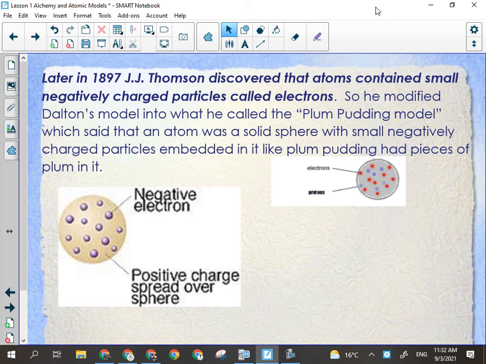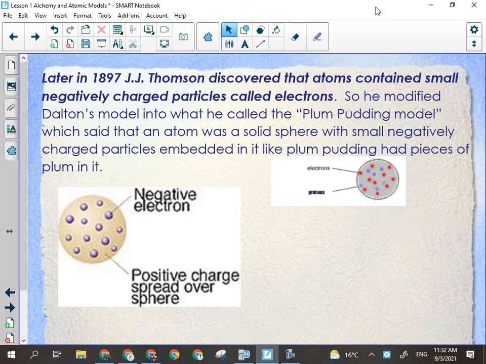So, in order to deal with that, the model of the atom goes from being a solid sphere to being a solid sphere that is positively charged and has little negatively charged particles loosely embedded on its surface that can be dislodged in a chemical reaction, and then they can flow through a wire and produce a current. Okay? So it was a logical modification to the model that then explained data that the previous model could not. All right, everyone kind of following the process?